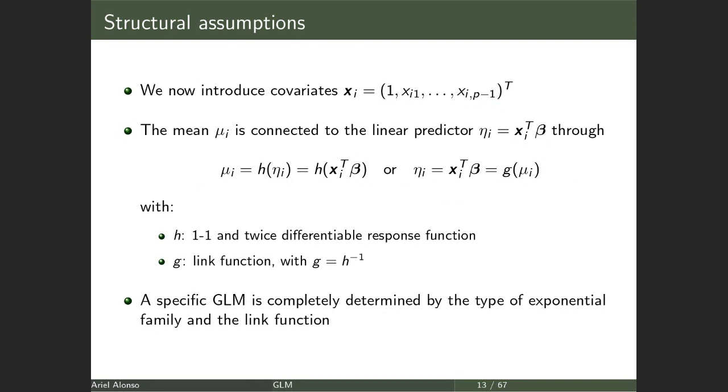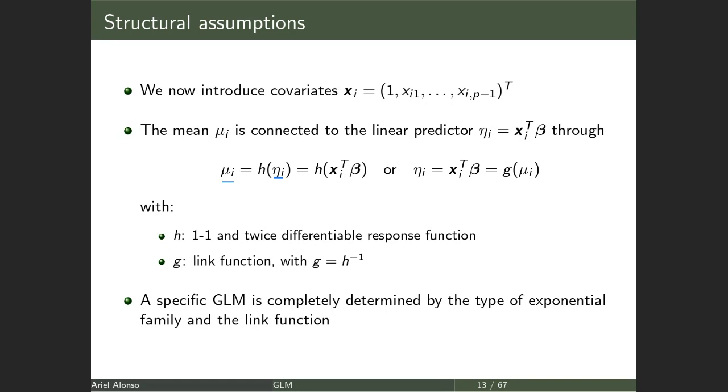And then if you want to get a specific GLM model, essentially you need to do two things. You need to specify the link function, or the response function, how you're going to model the mean as a function of the linear predictor. And the second thing you need to do is to specify which member of the exponential family you're going to use in the second step, when you're trying to model the variability of y around the mean. So you have the systematic part and you have the random part.